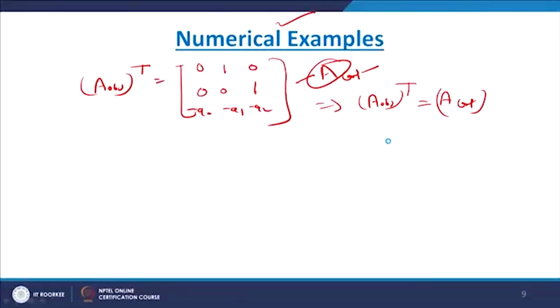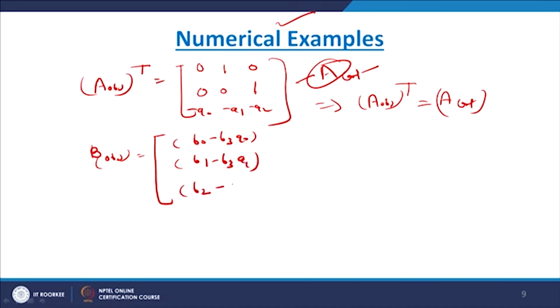Now, you will find the equation for B observable. See here, this is the equation for B observable. We write B observable equal to b0 minus b3 into a0, b1 minus b3 into a1, and b2 minus b3 into a2.